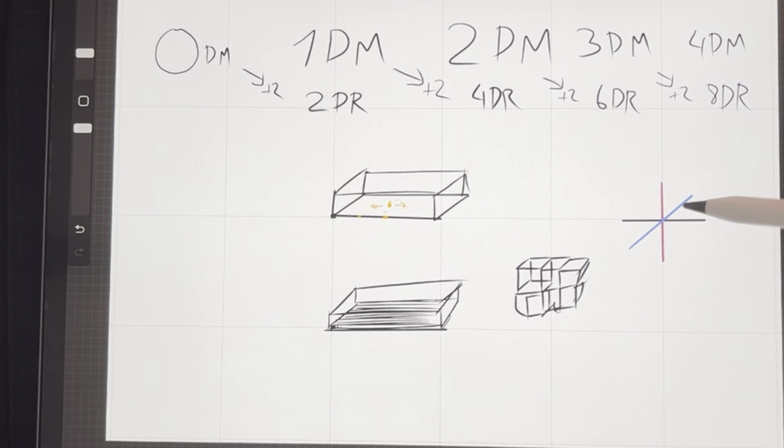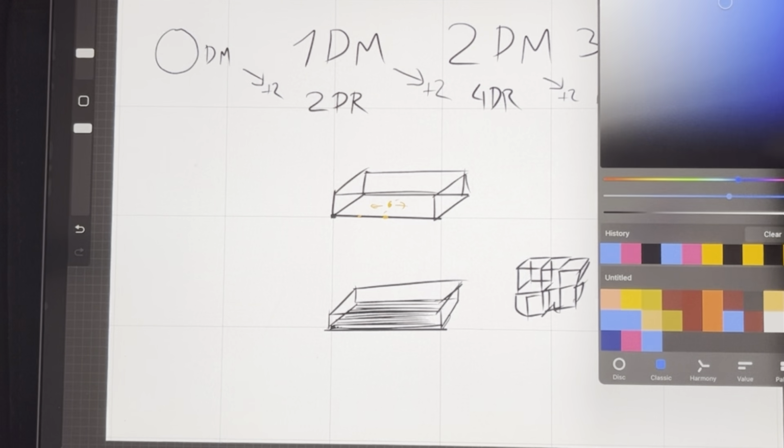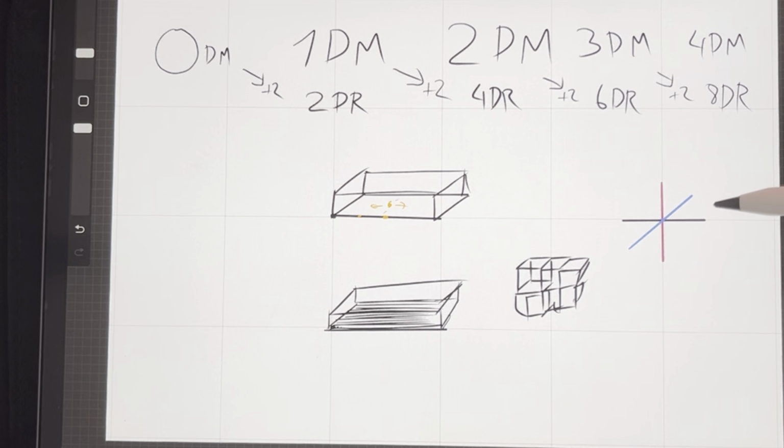This is the world we live in, X, Y, and Z. So it makes sense that the four-dimensional direction, however it may look, when you simplify it, is more or less like this. There are different ways to show it as an object or to visualize this, but that might be something for another video.